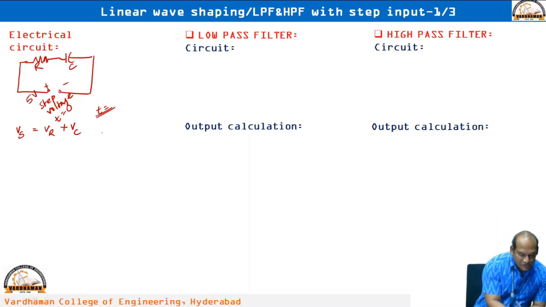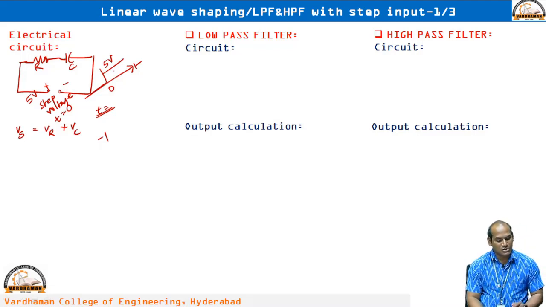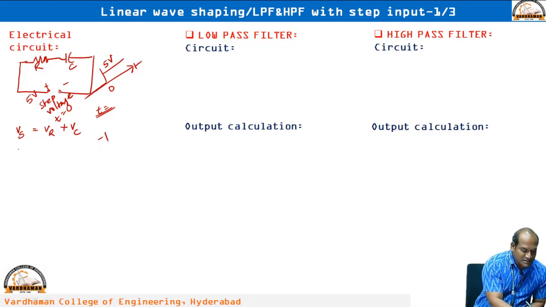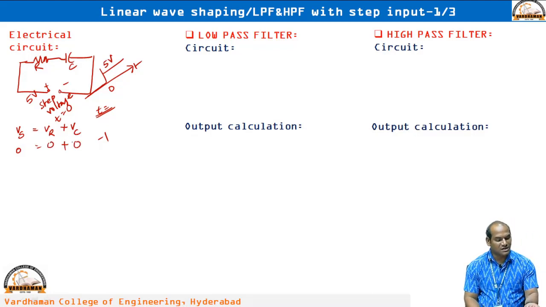When t is equal to -1 second, that means before application of the step voltage, the step signal is nothing but 5 volts applied at t is equal to 0 and 0 volts before t is equal to 0. So, t is equal to -1 means the supply is 0 and the capacitor is uncharged. So, resistor voltage is 0, capacitor voltage is also 0.